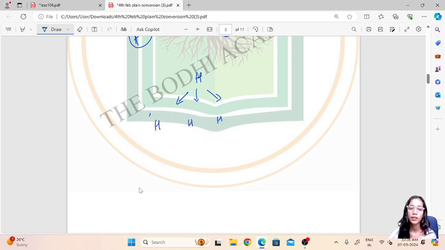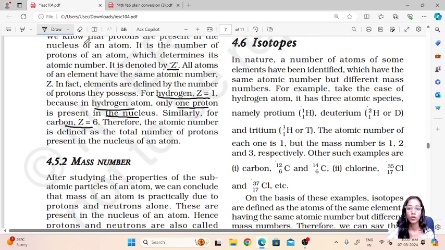For protium the mass number is 1, for deuterium the mass number is 2, and for tritium the mass number is 3, but all have the same atomic number, that is 1, meaning the number of protons is 1 in all of these. Neutrons are 0 in protium, 1 extra in deuterium, and 2 extra in tritium. So these are called isotopes.